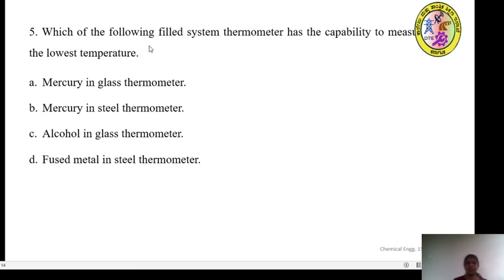The last question is, which of the following filled system thermometers has the capability to measure the lowest temperature? Mercury in glass thermometer, mercury in steel thermometer, alcohol in glass thermometer, fused metal in steel thermometer. To answer this question, you should have a thorough knowledge of the temperature range of various thermometers.